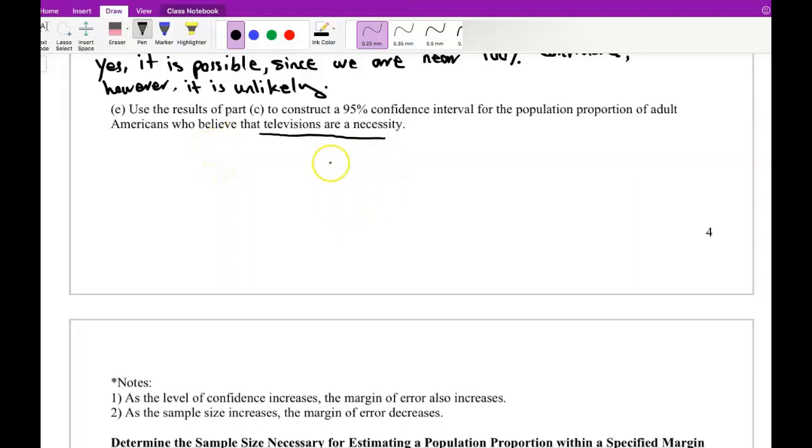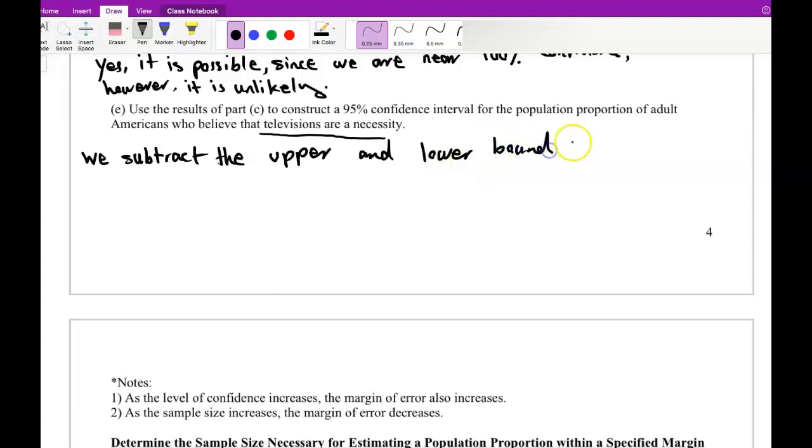So this is the opposite side of what we had in part C. Since that is opposite, we should subtract upper and lower bound from 1 to find a new lower bound and new upper bound for this part, because in this part television is a necessity.